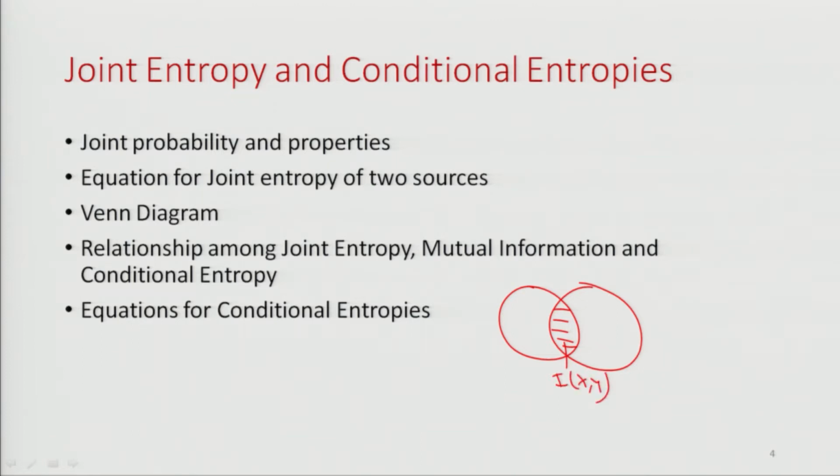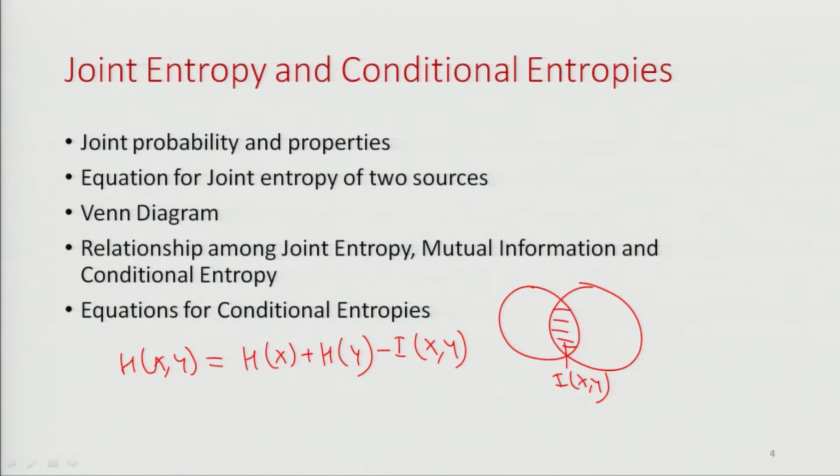The joint entropy H(X,Y) can also be given as H(X) plus H(Y), but this common part is repeated in both H(X) and H(Y). So one time this common part can be reduced, minus I(X;Y), to get the joint entropy.